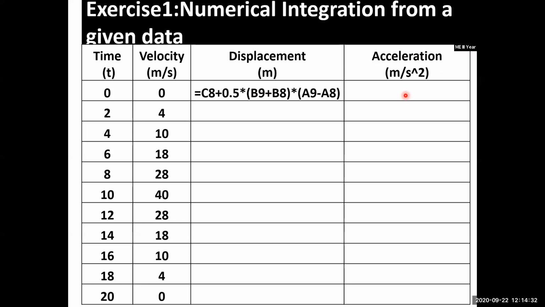V1 and V2 are the velocity at one moment and the velocity at the next moment, divided by the first moment time and the second moment time. Simple formula, V2 minus V1 by T2 minus T1. You have learned about that in 8th, 9th or 12th class.